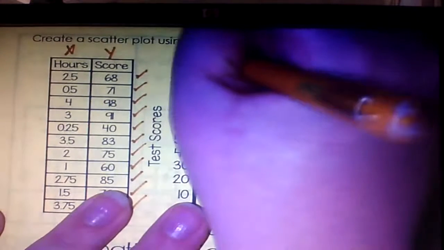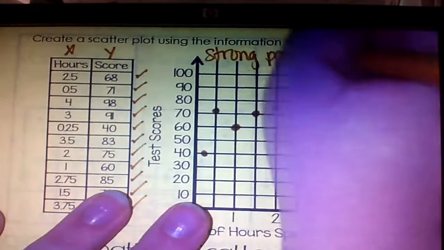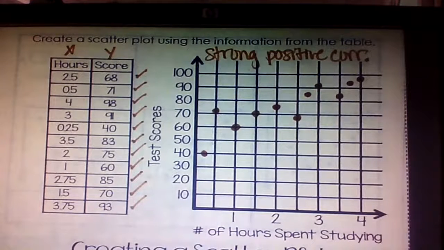So this is a strong positive correlation. Questions or problems with that part?